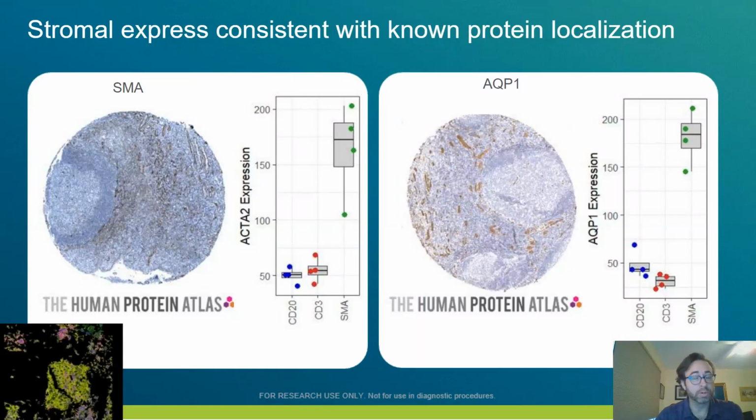All of this is really important to make sure that we understand that the system has been performing as expected. However, none of these are particularly striking or novel findings, but what this has enabled us to do is to feel confident that when we do see something within our study, it's likely going to be driven by real biology.